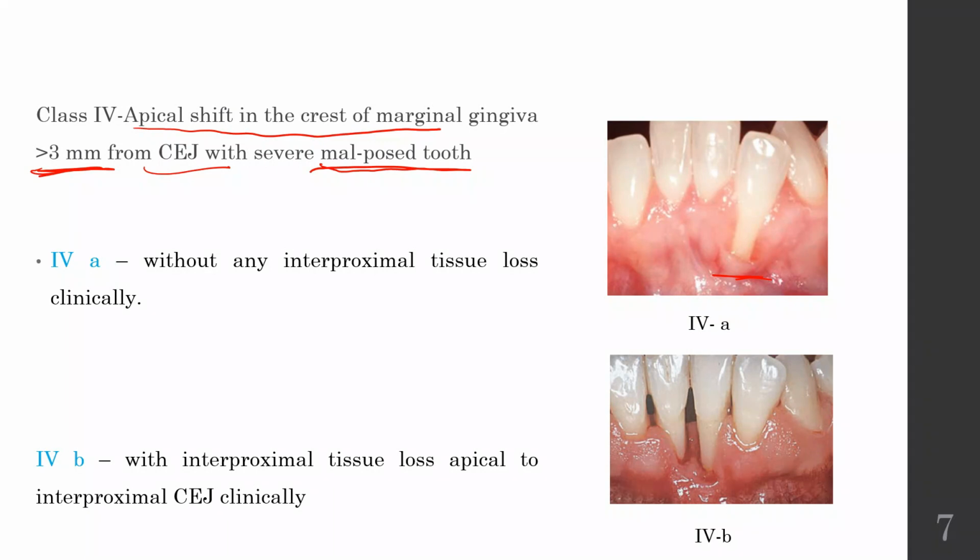It is further subclassified into 4A and 4B. 4A without any interproximal tissue loss clinically, as we can see here, there is no interproximal tissue loss. And in 4B with interproximal tissue loss apical to the interproximal CEJ clinically. So we can see here that interproximal tissue loss is more than that of the interproximal CEJ. Okay, so that is how this has been classified.